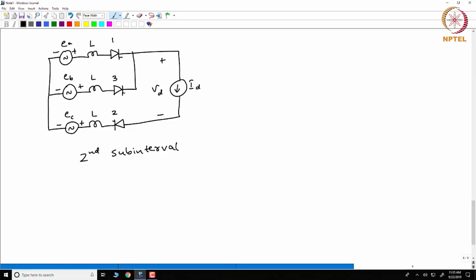In the second subinterval, how many state variables do we have? Only one state variable. What is that state variable? I1. So I'll just show this state variable I1 here.